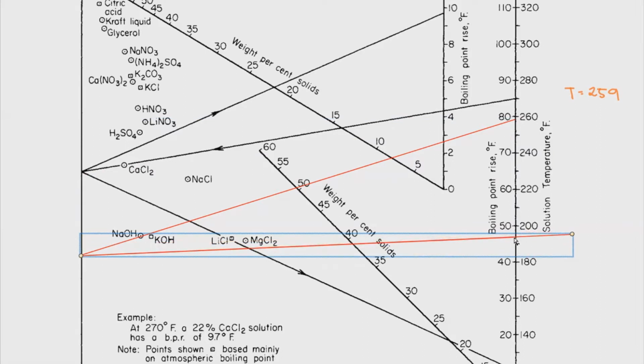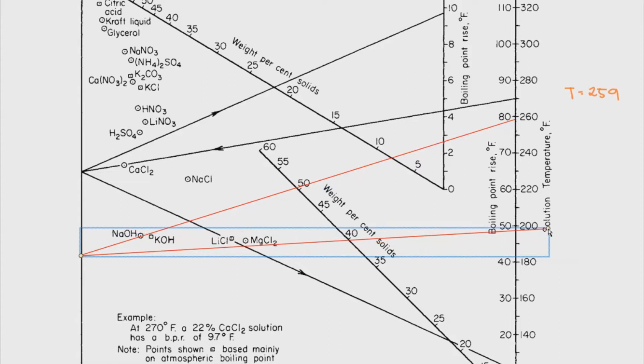Then let's project the line from this point at 40%. As you can see here, the change is not really that big, and it is very close to the value. The BPR of 47 was assumed, and as you can see here, the value is almost around 47, but I think it's more like 48. Well, that's just my assumption.